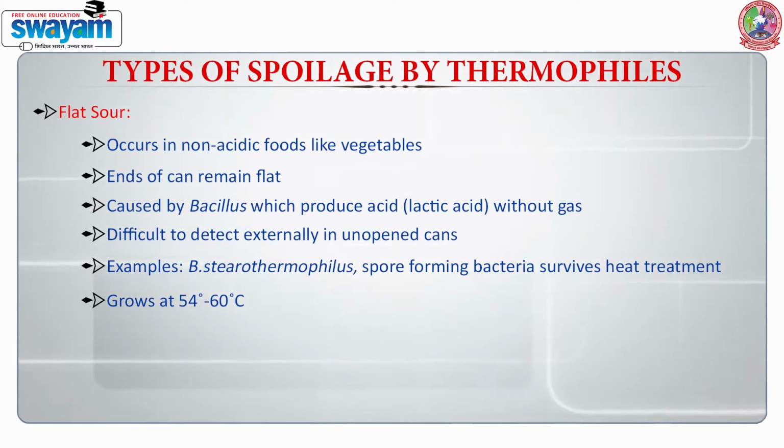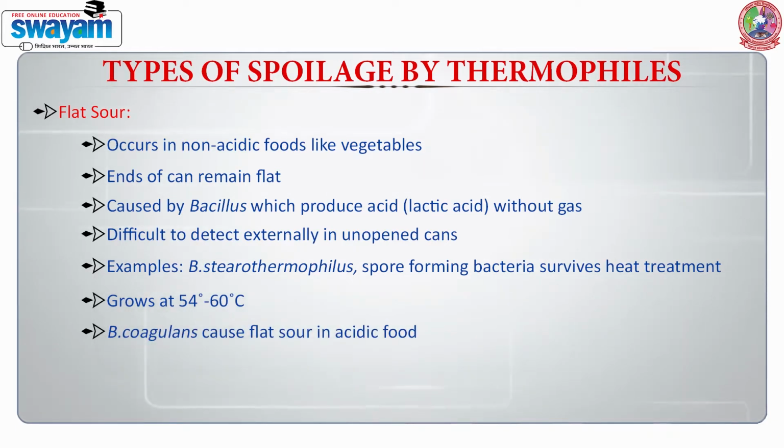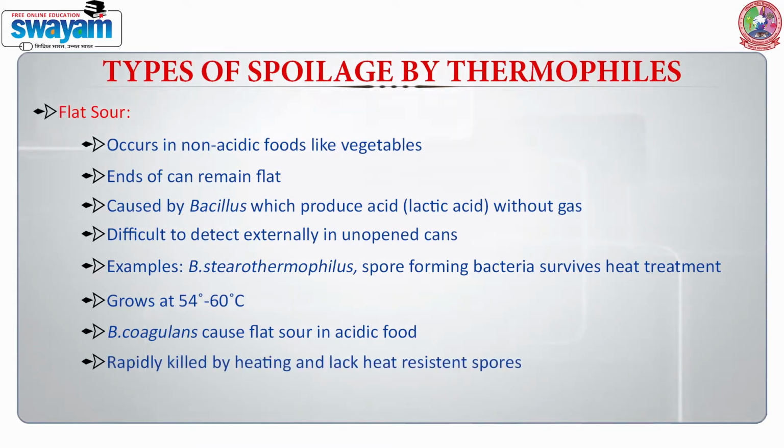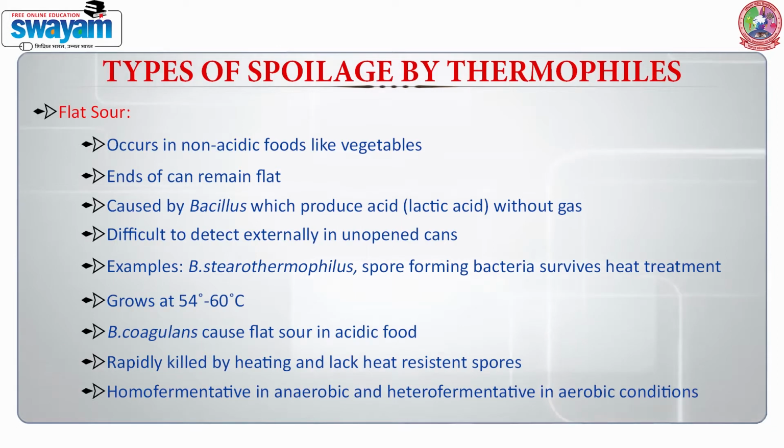Another example is Bacillus coagulans, which is also responsible for flat sour in acidic food, and it is rapidly killed by heating because it is not able to produce heat resistant spores, and therefore it can be checked. There are homofermentative anaerobic microorganisms as well as heterofermentative aerobic microorganisms also.